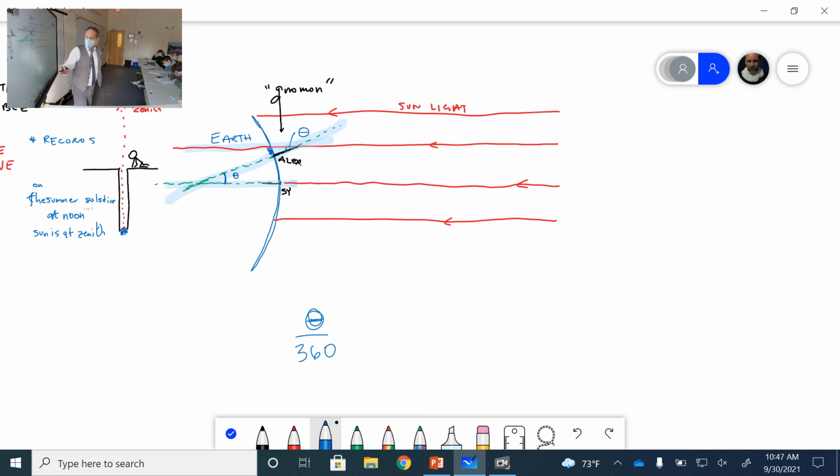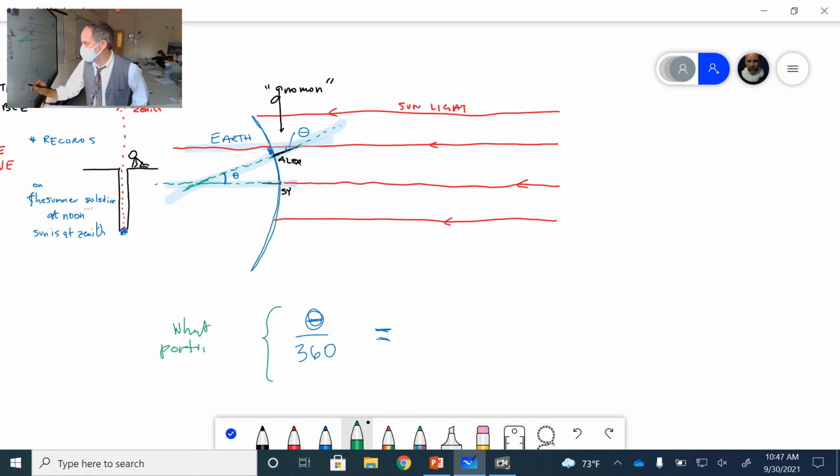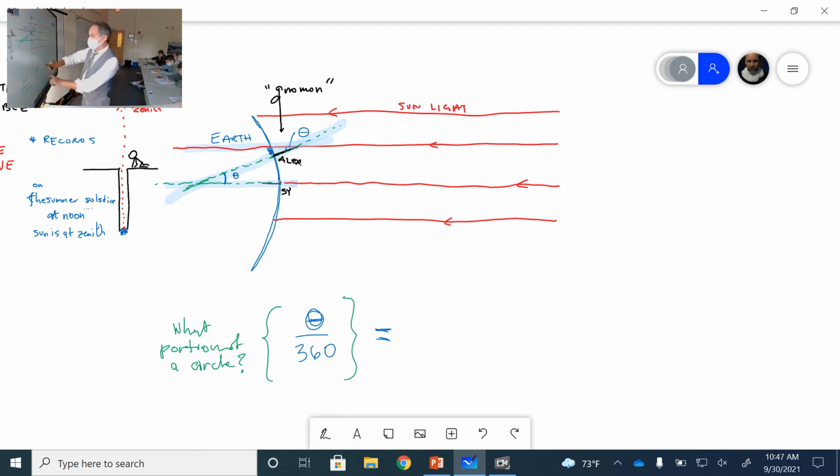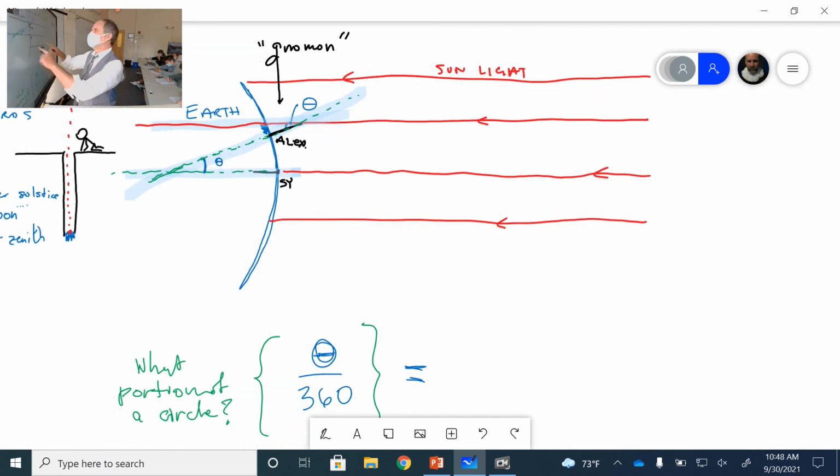And so what Eratosthenes realized is that, let me add a little notation here. What portion of a circle? That's this guy right here. And what fraction of a circle are we talking about? He said, well, that is going to be the same thing. Zoom in a little bit.